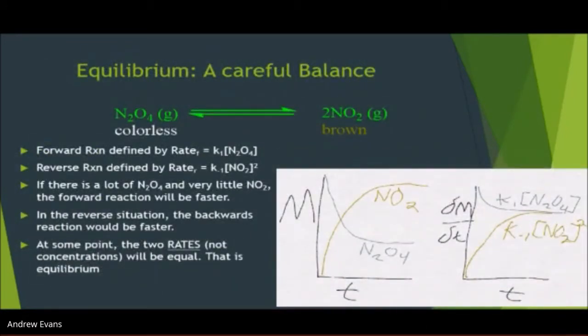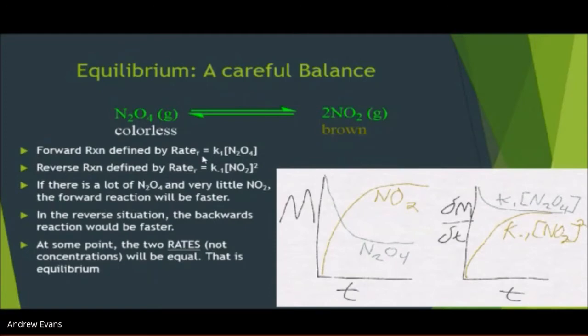So just looking at this simple idea, N2O4, which is a colorless gas, will naturally break down into NO2 gas, two molecules. It's brown. So you can tell this goes based on a colorless gas darkening, essentially.